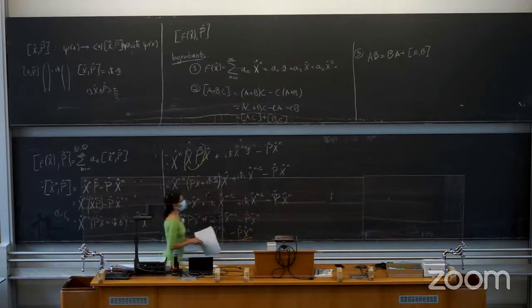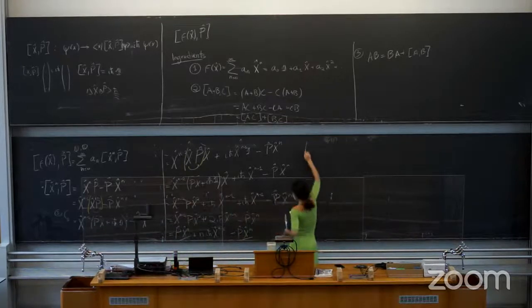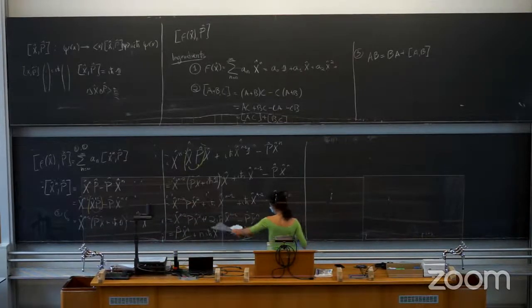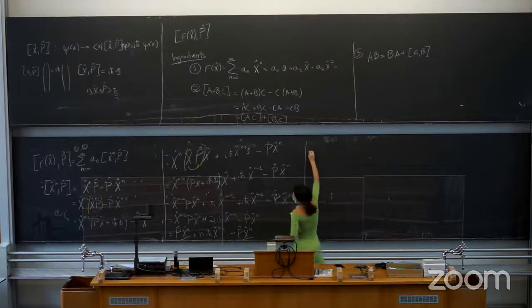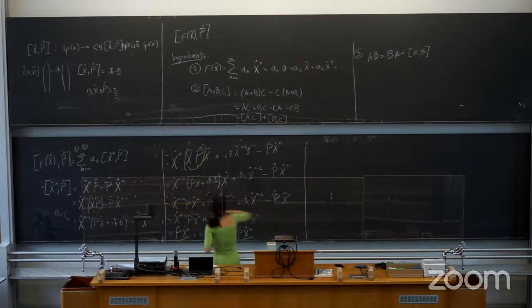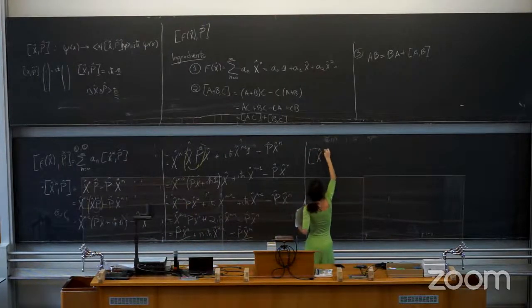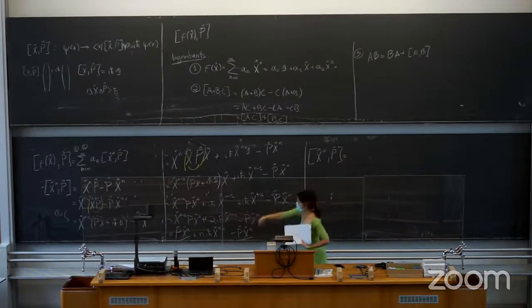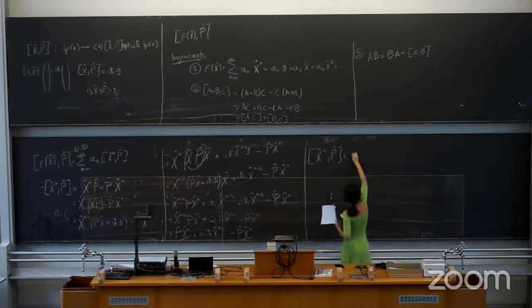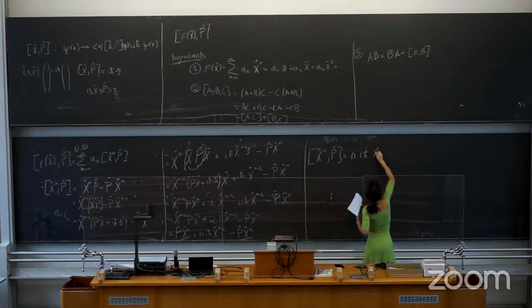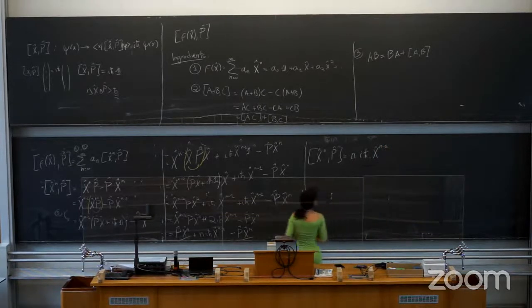I'll just finish this and then let you go for a longer break. So where did we start? We're doing this commutator of x^n and p. These terms all cancel each other, so it's just n i h bar x^(n-1).